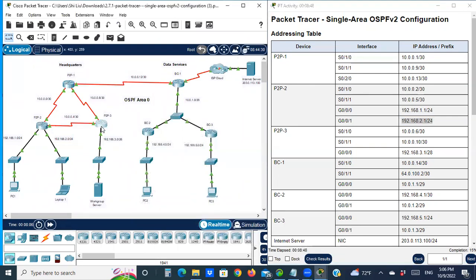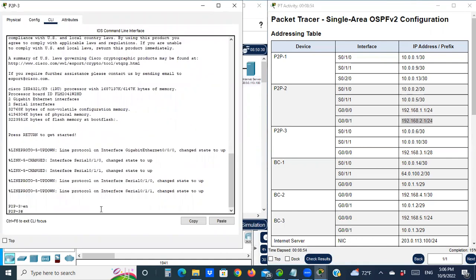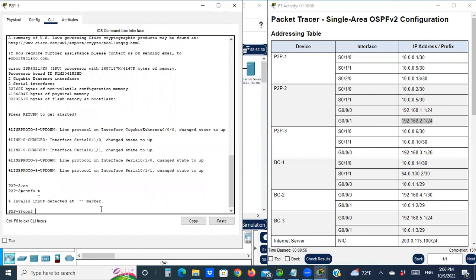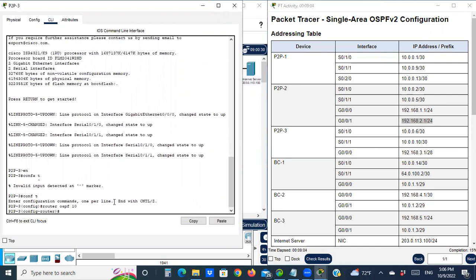P2P3. Enable, configure terminal, router OSPF 10. It has 3 networks. This is the first network, inverse mask 3, area 0.